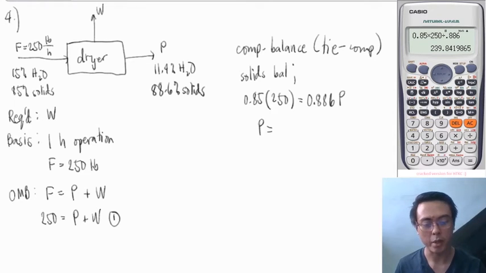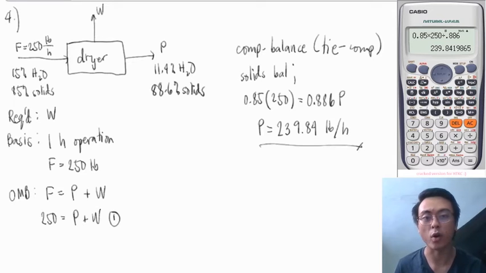So your P is 239.84 pounds per hour because our basis is 1 hour.